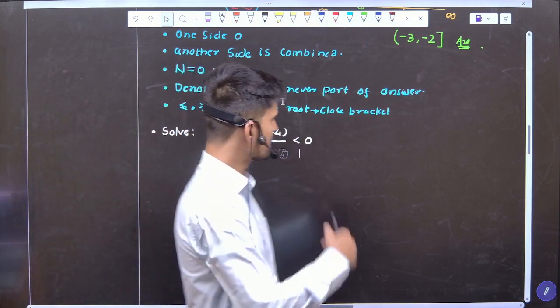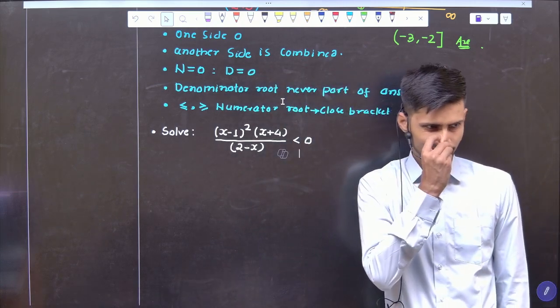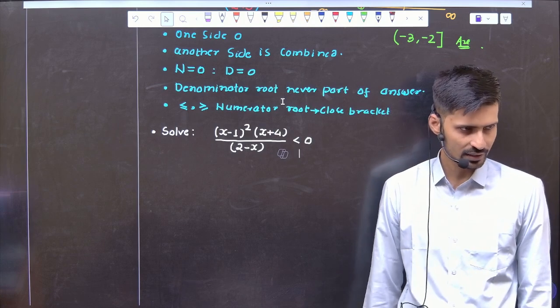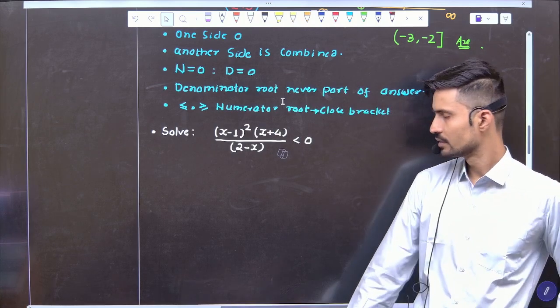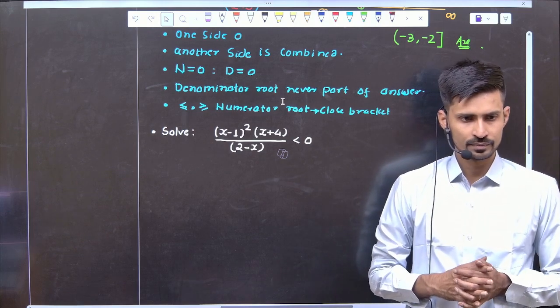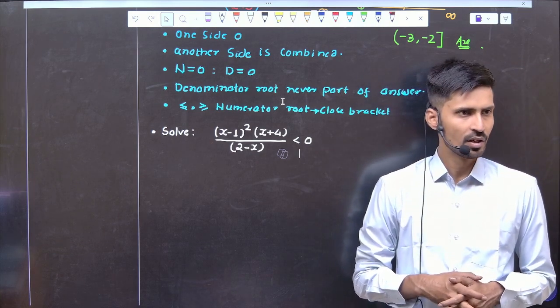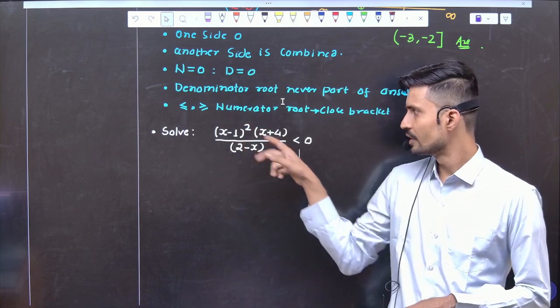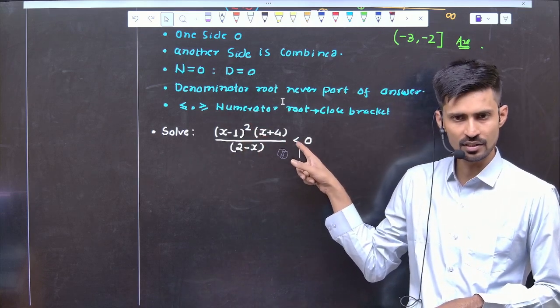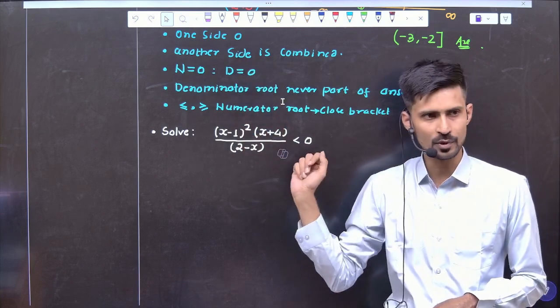So start matching all 4 things. First, what is the first line? This is an inequation, yes or no? If you want to solve an inequation, these 4 lines are going to help you.